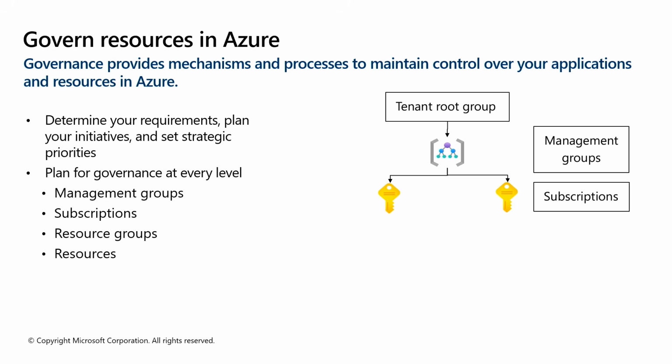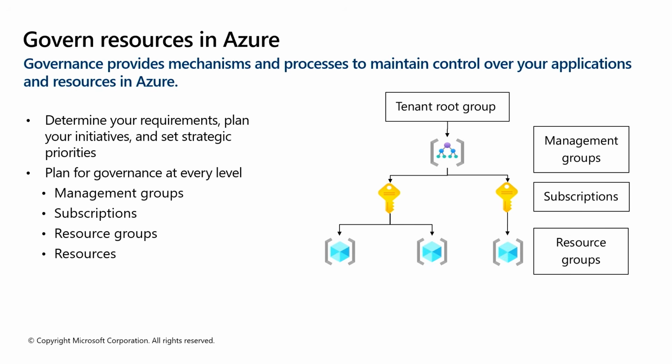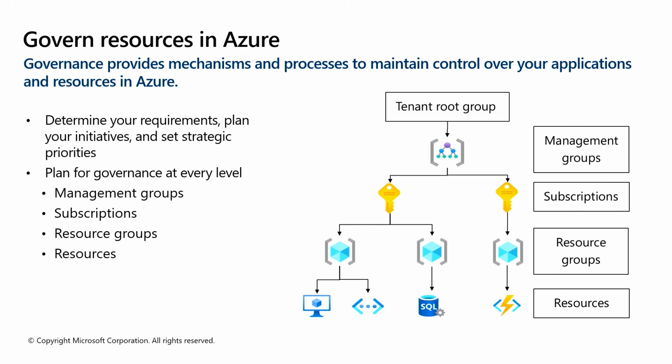Subscriptions are the unit of billing, scale, and isolation. Underneath them, we will organize resources in resource groups. Those are the lifecycle containers where resources are deployed and managed. Resources are the services you have deployed, like a function, SQL database, a virtual machine, or a virtual network.